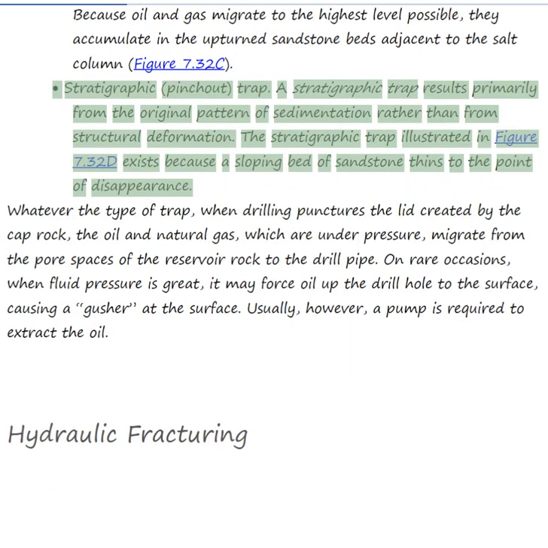Stratigraphic trap. A stratigraphic trap results primarily from the original pattern of sedimentation rather than from structural deformation. The stratigraphic trap illustrated in Figure 7.32d exists because a sloping bed of sandstone thins to the point of disappearance.